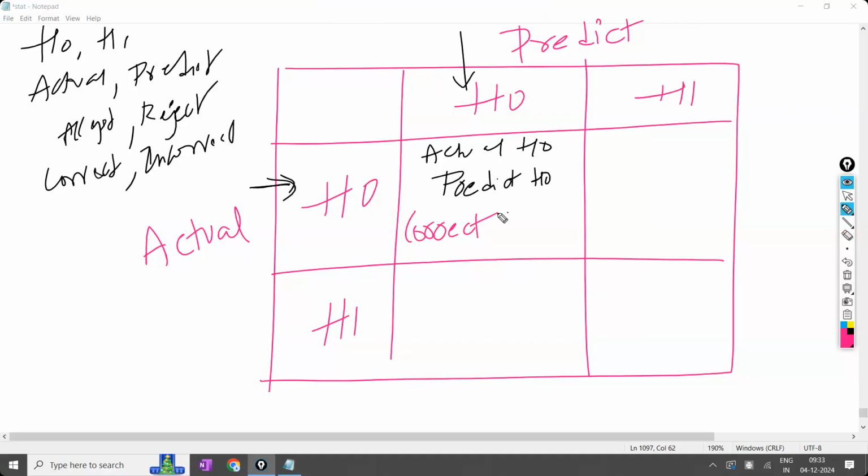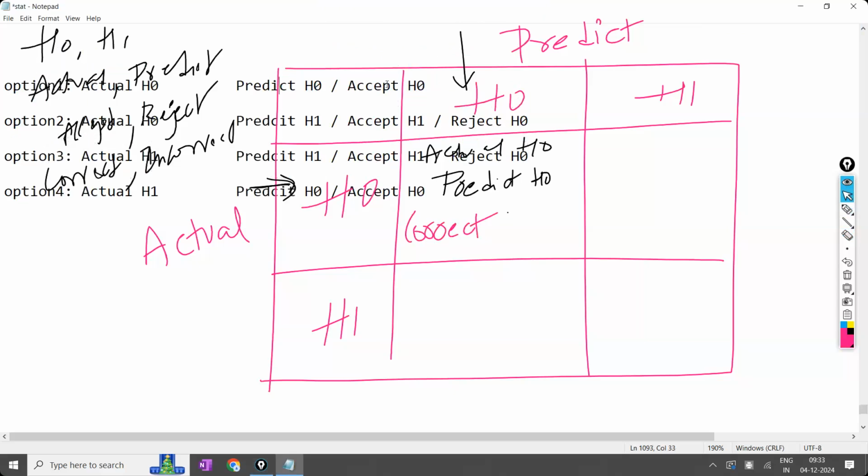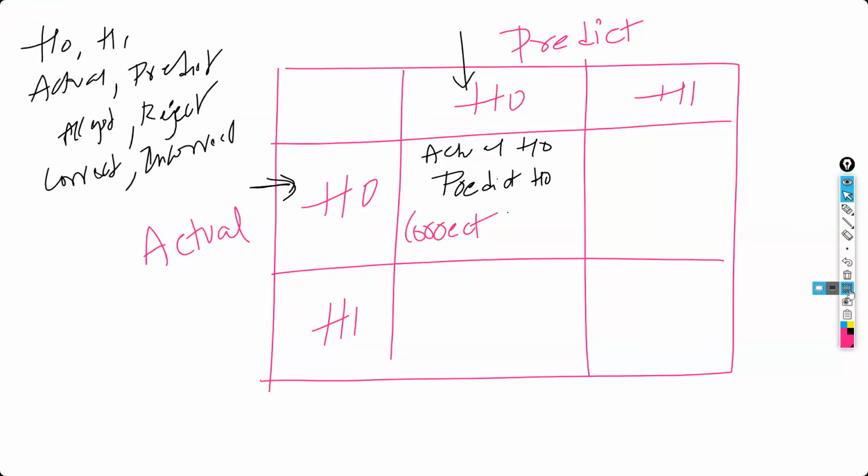Just now I told you, predict H naught is called accept H naught. So it is correct acceptance of H naught, correctly accepted H naught. It means the person is innocent, you also predicted the person is innocent. You correctly predicted the person is innocent. That is the meaning of this. This particular cell is clear for everyone?